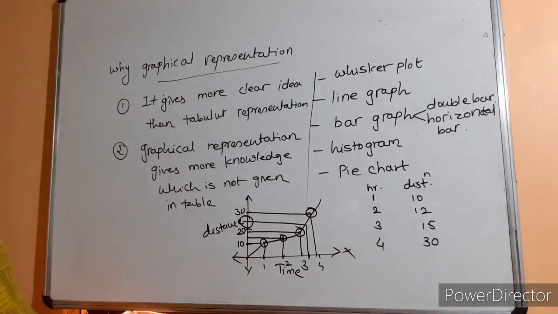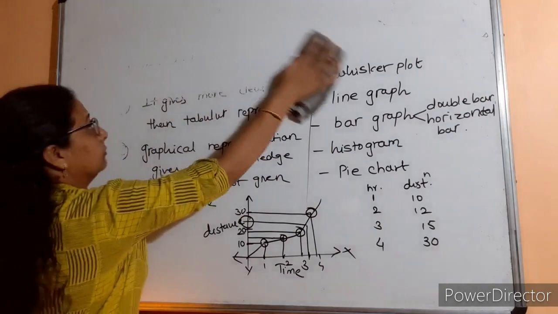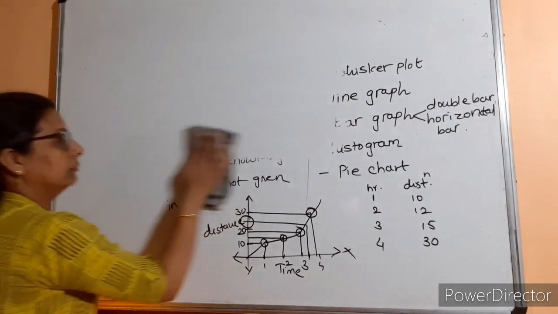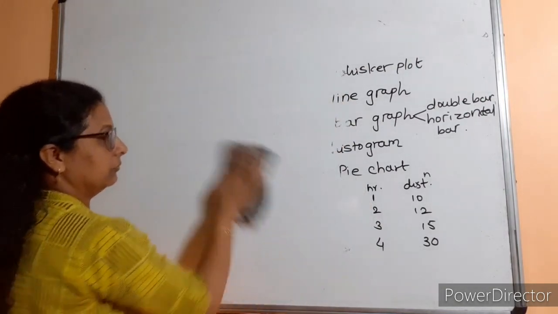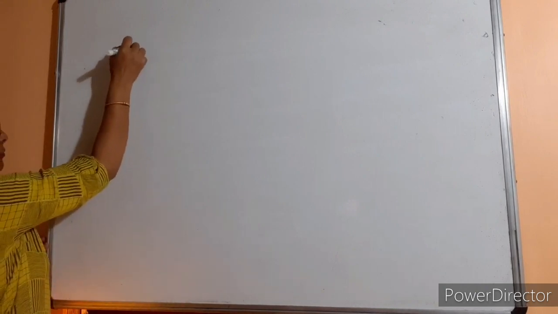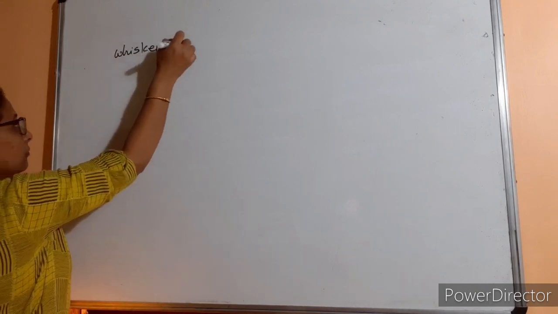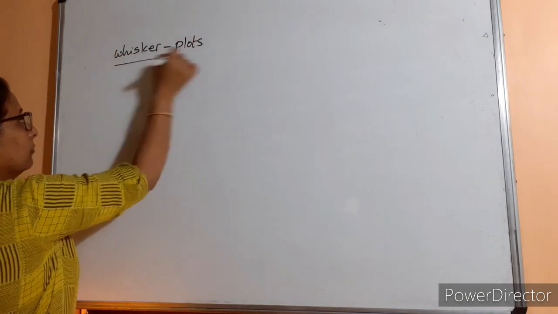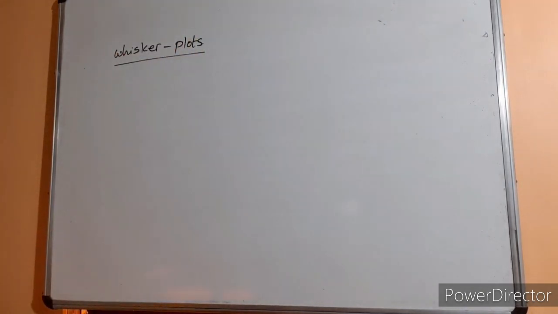Okay, so here it is. First of all, the whisker plot. So how to draw this whisker plot graph?